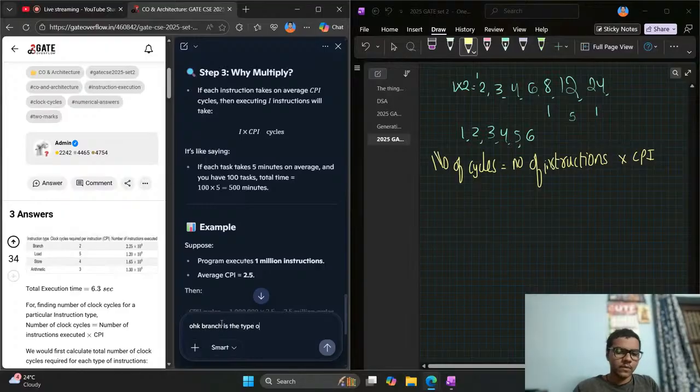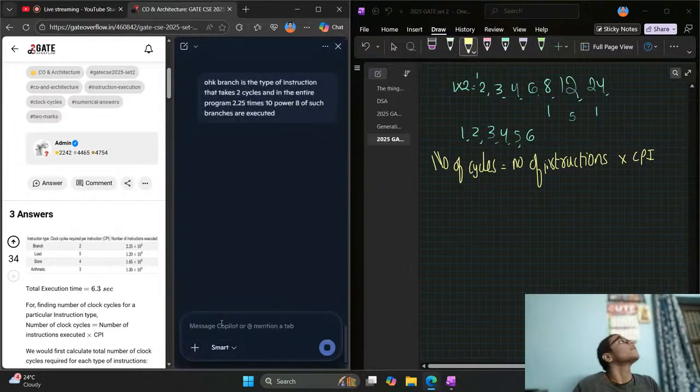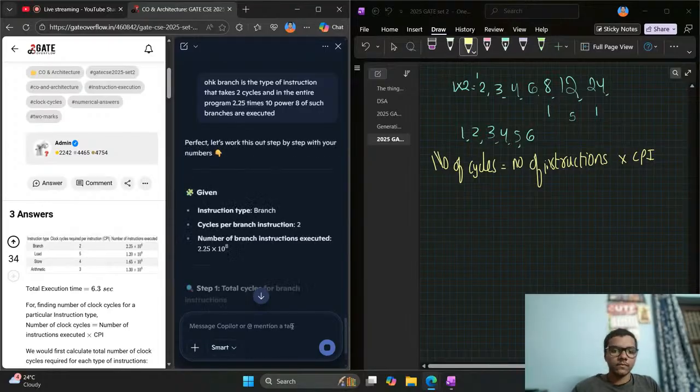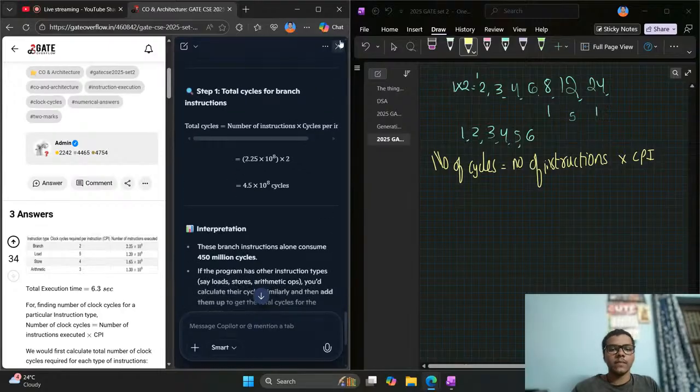Branch is the type of instruction that takes 2 cycles and in the entire program 2.25 times 10 power 8 such branches are executed. Perfect. Okay, now that makes sense.